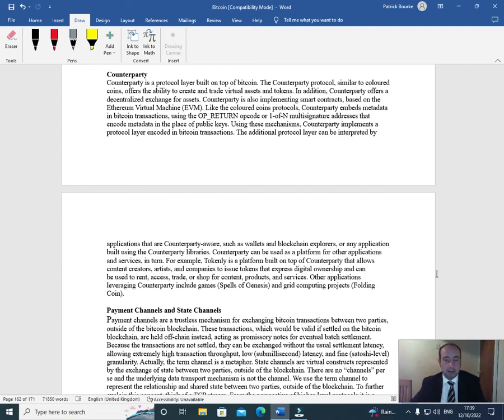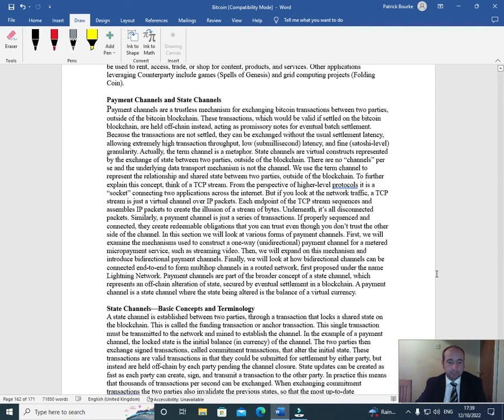Okay, payment channels and state channels. Payment channels are a trustless mechanism for exchanging Bitcoin transactions between two parties outside of the Bitcoin blockchain. These transactions, which would be valid if settled on the Bitcoin blockchain, are held off-chain instead, acting as promissory notes for eventual batch settlement.